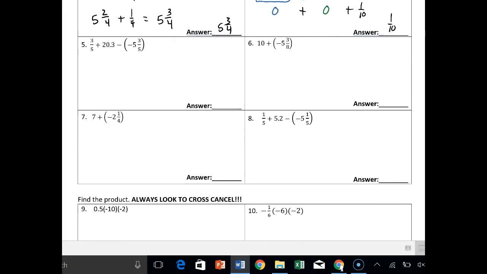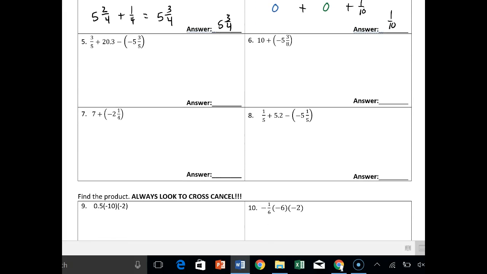Right? Look at number 5. 3/5 plus 20.3 plus 5 3/5, or minus a negative 5 3/5, which becomes plus a positive. So this time let's actually split. So 3/5 plus 20.3 plus 5, and this is a positive 3/5.